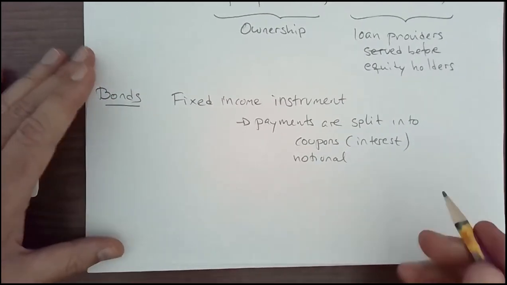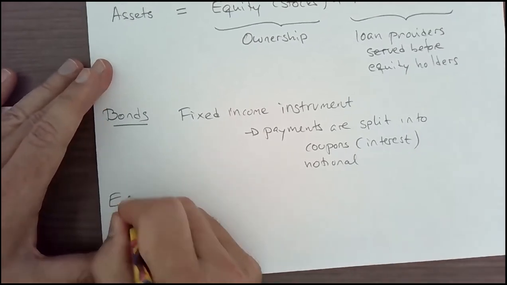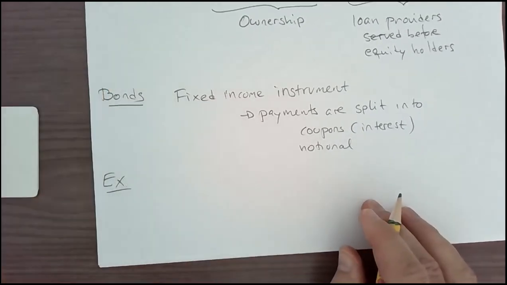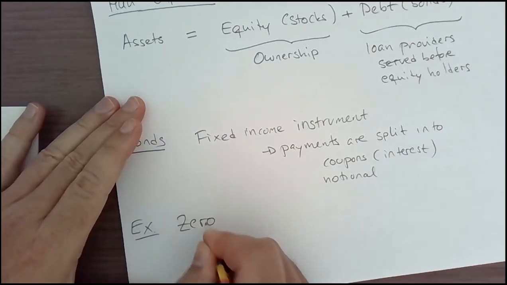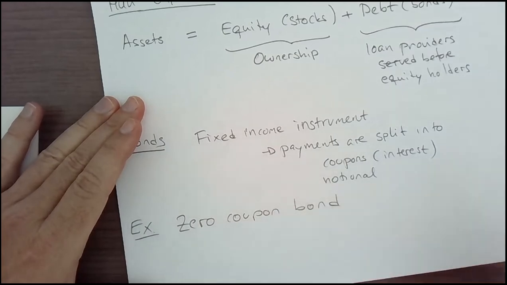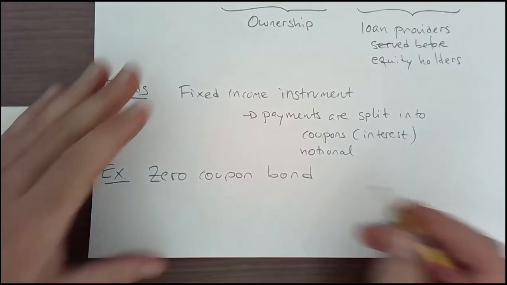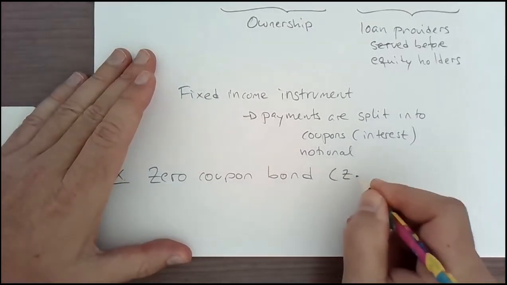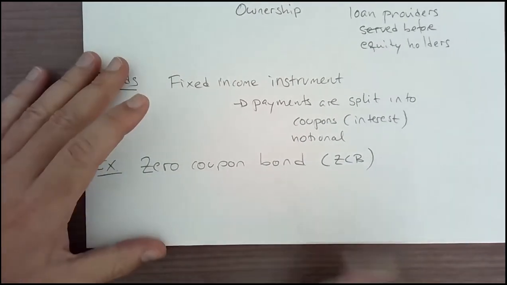Arguably the simplest bond that is available is the zero coupon bond. It's also denoted by these three letters, ZCB.